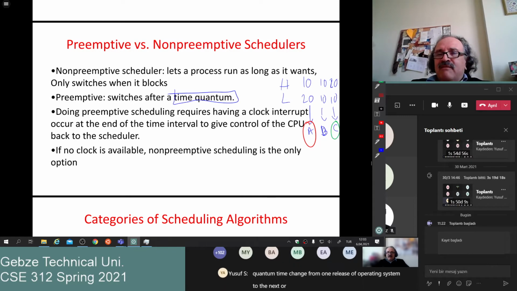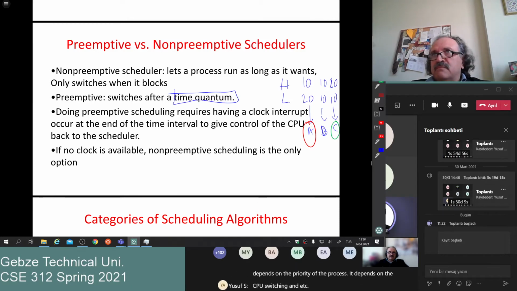Well, we don't have to wait for the operating system release. Quantum time changes from process type to process type. It is part of the operating system design, and it depends on the interactivity of the process, the priority of the process, the CPU switching, etc.